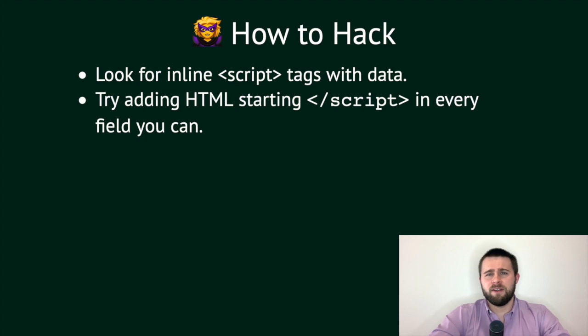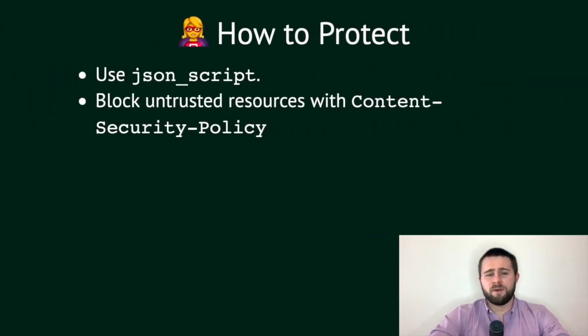And similarly to looking for other HTML injection attacks, we can try using a closing script tag at the start of HTML that we stuff into fields that we have control over. For protection, we can use JSON script or other solutions that don't exist within Django. And we can also use our friend content security policy again to block any resources that we don't trust.